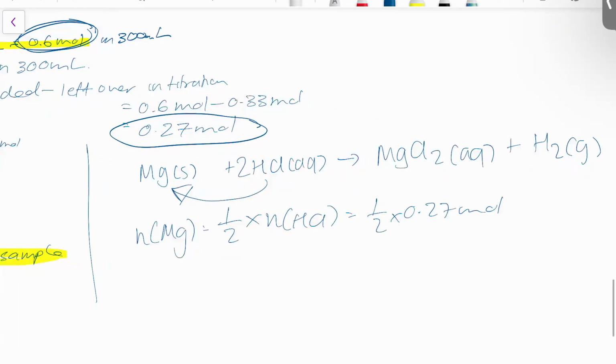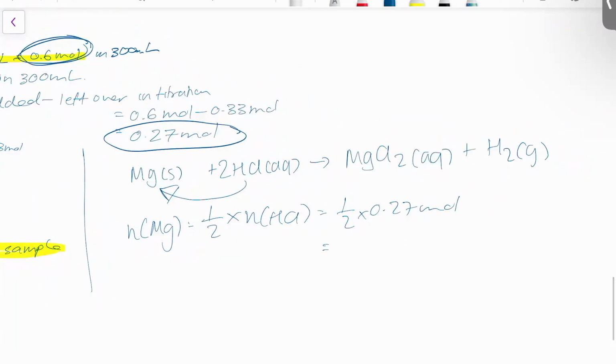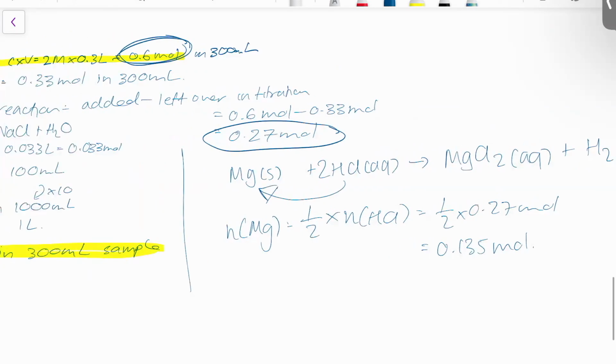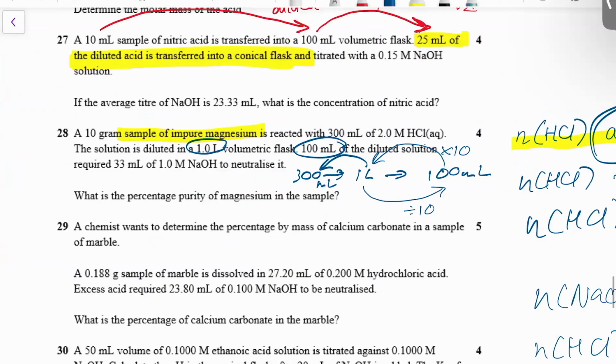So what's my moles of magnesium going to be? Yes, 0.135 mole.